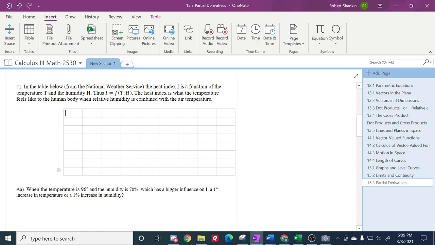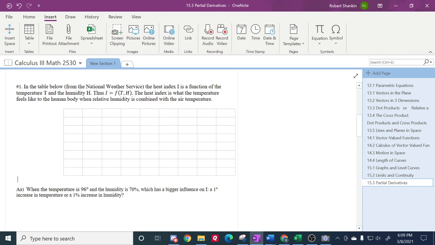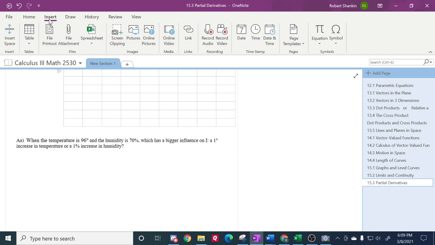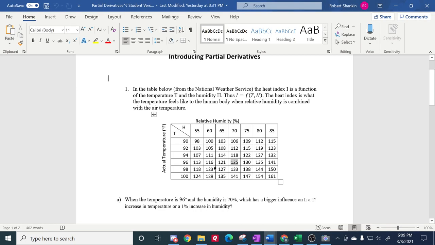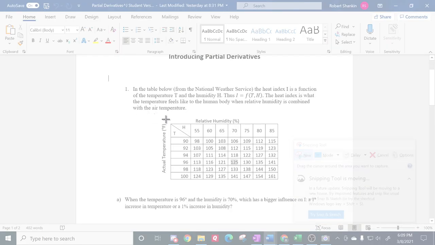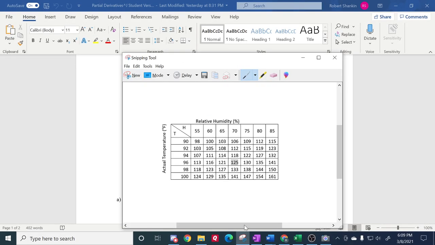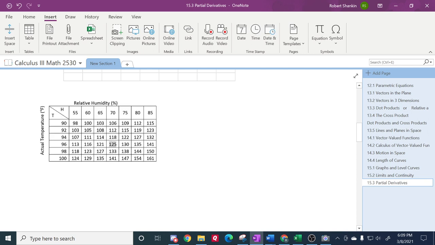Let me do this one more time and try to do a cut instead. I'll just go underneath this and insert some space. So let's take this table and do better inserting it in here.